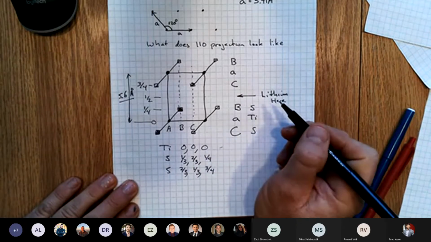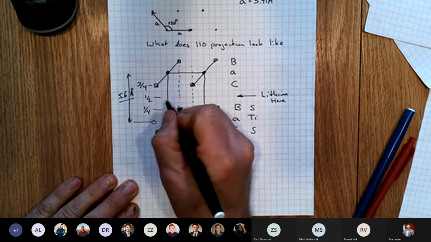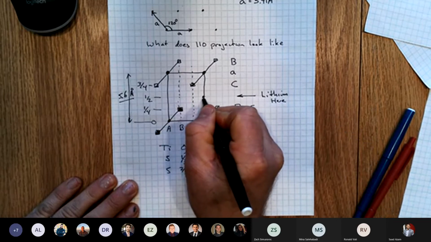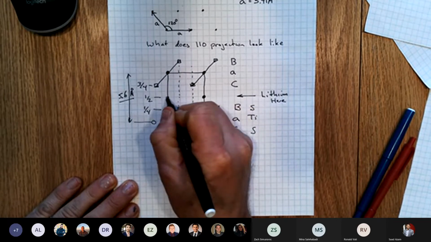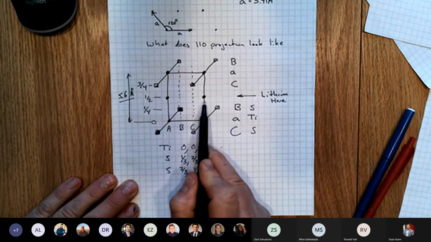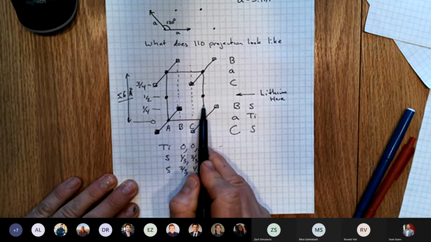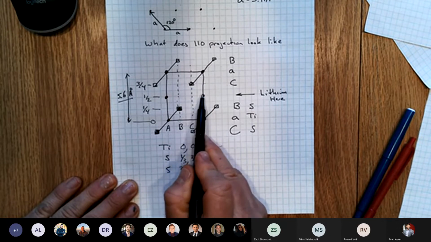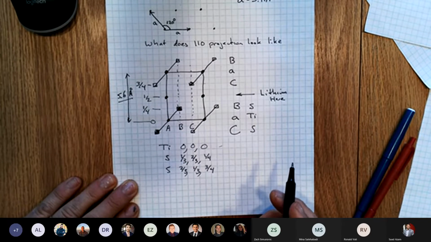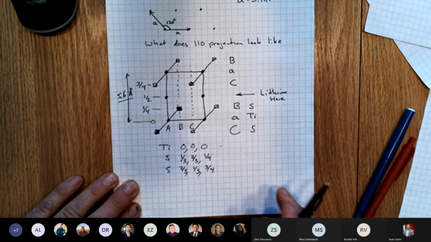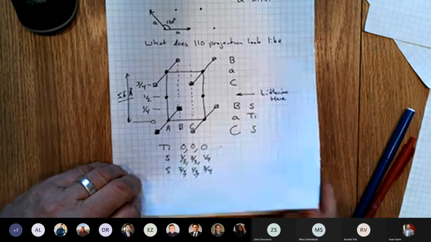If we put a lithium atom here on the A site, you can say there's no sulfur directly above or directly below. So a lithium atom placed here would be what we call in an octahedral site. I want to draw the octahedral site for you on another piece of paper.